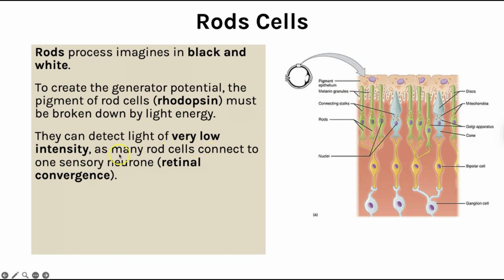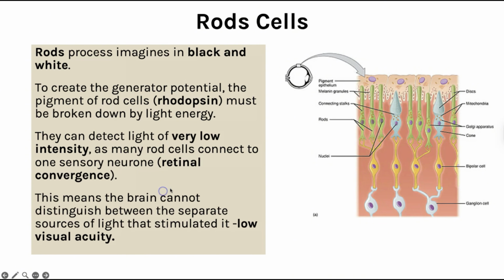They can detect light of very, very low light intensities, as many rod cells connect to one sensory neuron. In this case, we can see it's called a bipolar cell before it gets that sensory neuron. And this is known as retinal convergence because we have multiple rod cells converging or meeting at one bipolar cell.